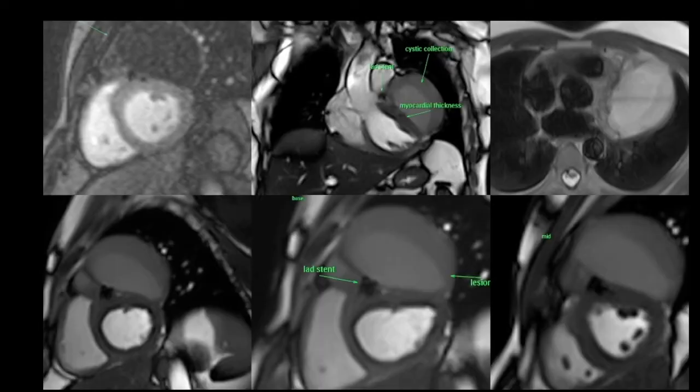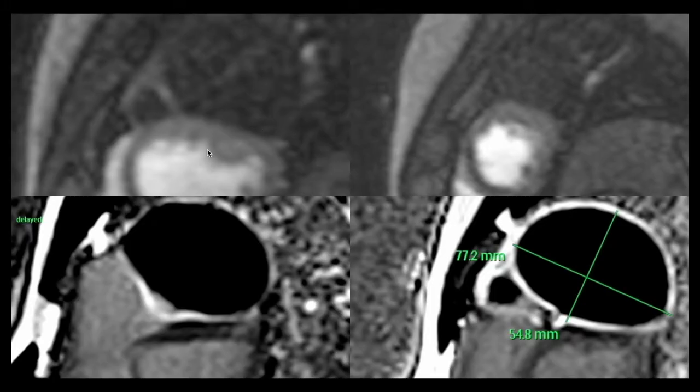Let's see another example where a large well-defined cyst is seen along the cardiac margin above the LAD stent which is recently placed. No contrast extravasation is seen in the cyst during the angio.